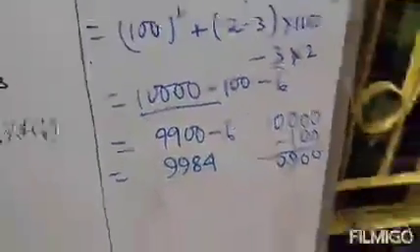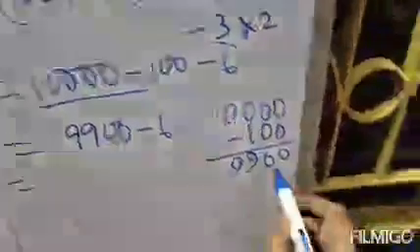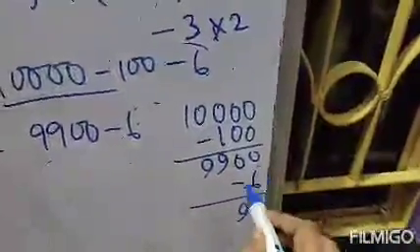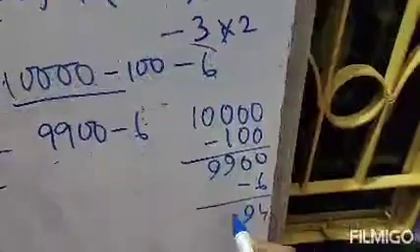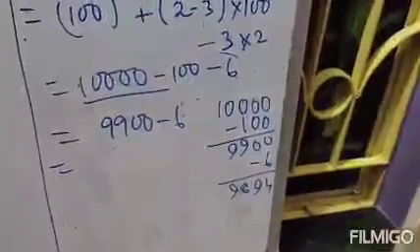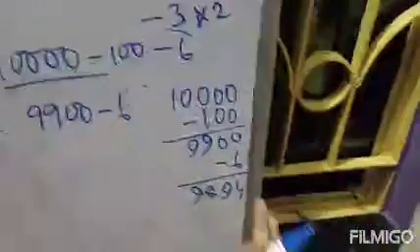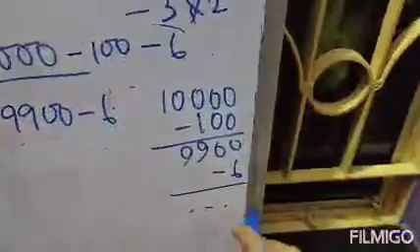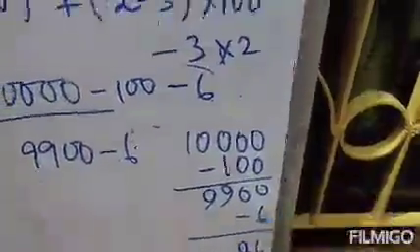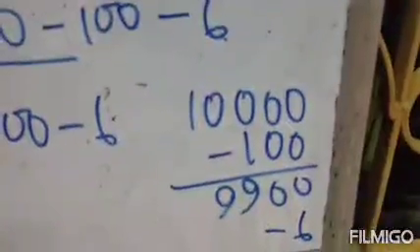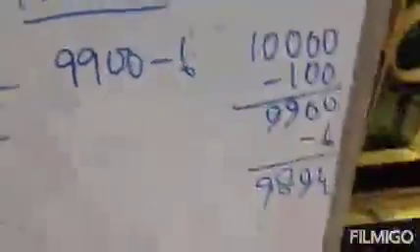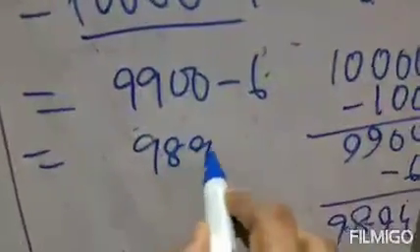So the answer is here, this will be your 8 and this is 9, so this is 9894, so your answer is 9894.